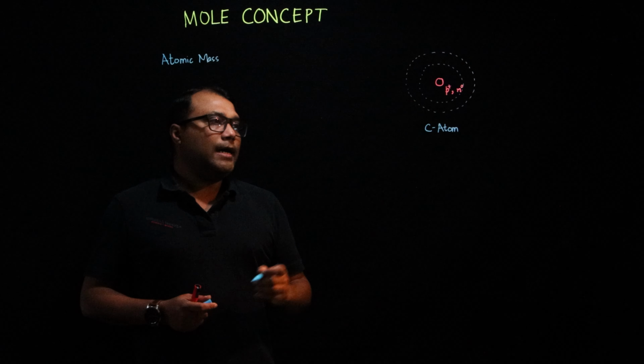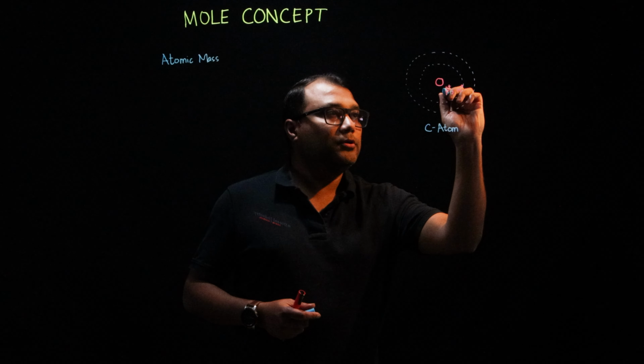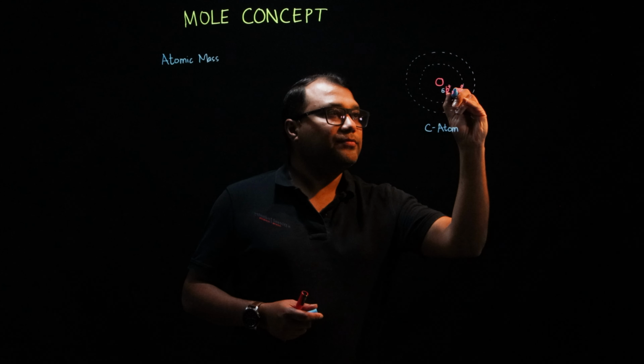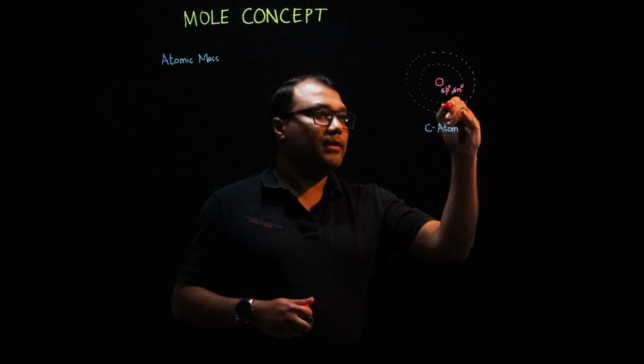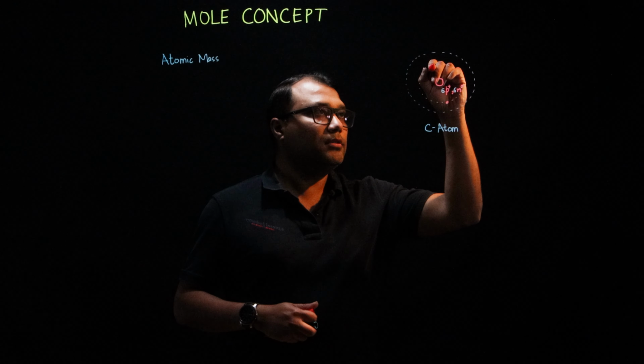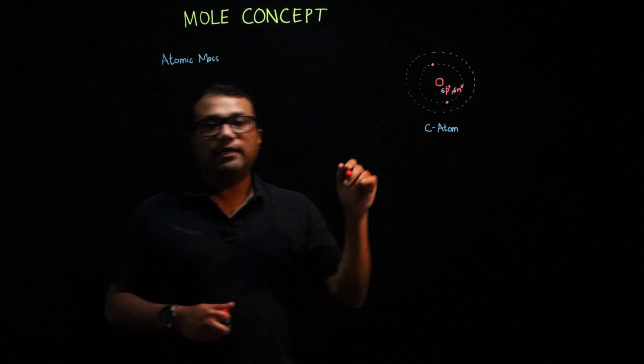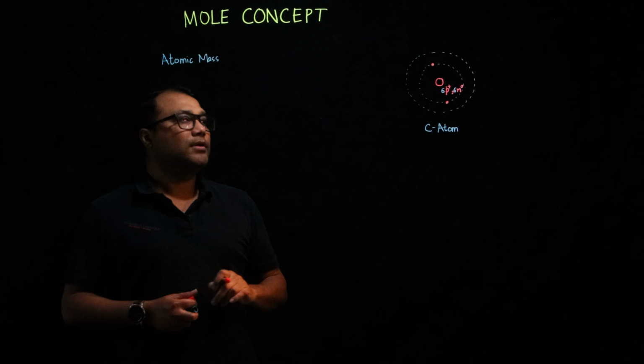In the carbon atom we have 6 protons and we have 6 neutrons, and also we have 6 electrons. Now the electrons, like I said, are orbiting around the nucleus. So in the lowest energy level of the orbit there are 2 electrons, and in the next one we have 4 electrons which are orbiting.